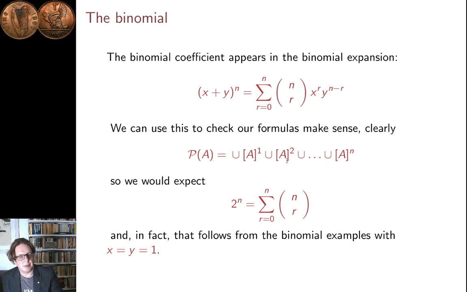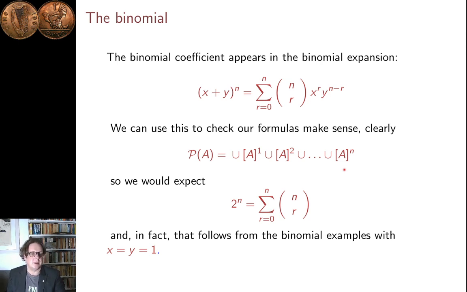And of course these are all non-intersecting, and so the total number of subsets in the power set will be 1 for the empty set, plus the number of singleton sets, plus the number of sets with 2 elements, all the way up to the number of subsets with n elements, which is the set itself, the whole of the set.